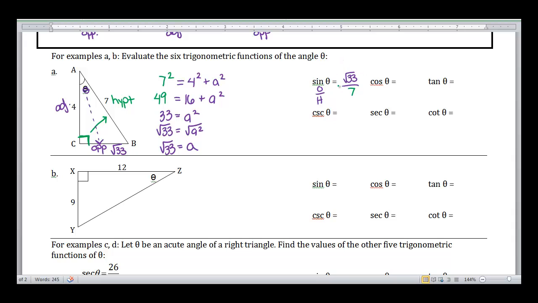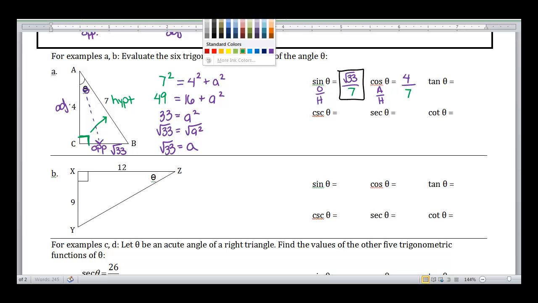Again, if this fraction would simplify, I would want to do that, but this time it doesn't. For cosine, that's the adjacent over the hypotenuse. My adjacent side length I was given to be 4, and again, I was also given the hypotenuse to be 7. If 4/7 simplified, I would want to do that.